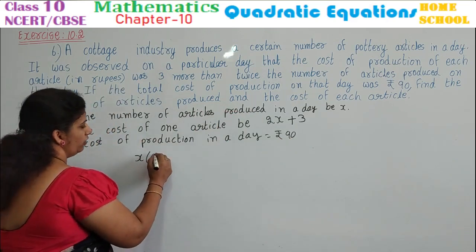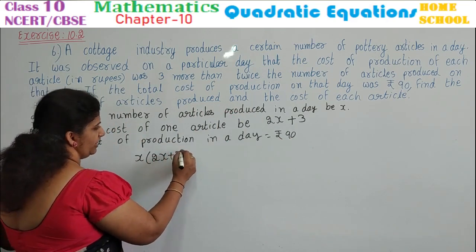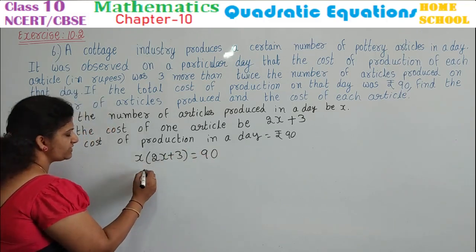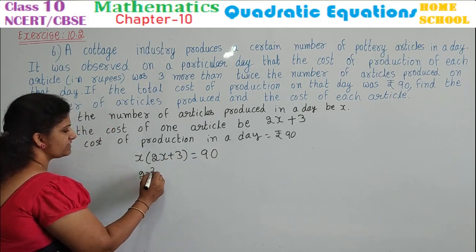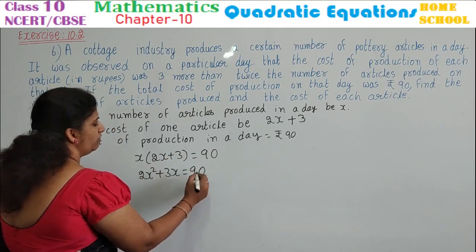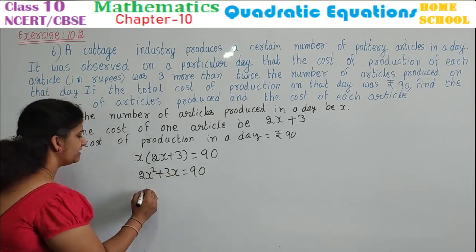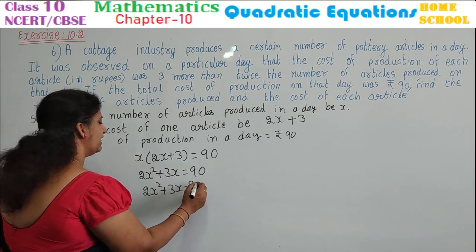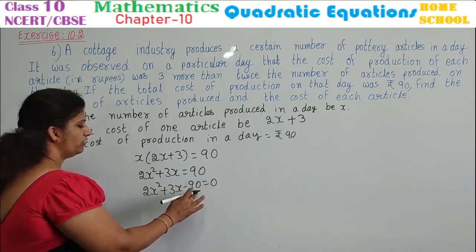x into 2x plus 3 is equal to 90. Multiply this. 2x into x will be 2x square plus x into 3, 3x is equal to 90. Bring this 90 this side. 2x square plus 3x minus 90 equal to 0.